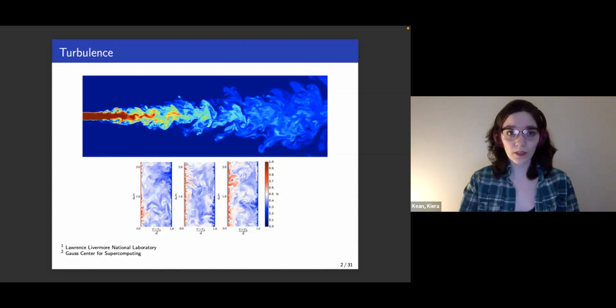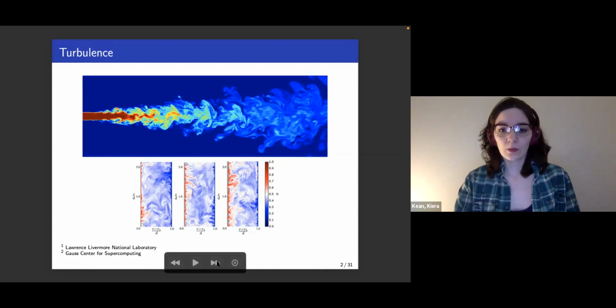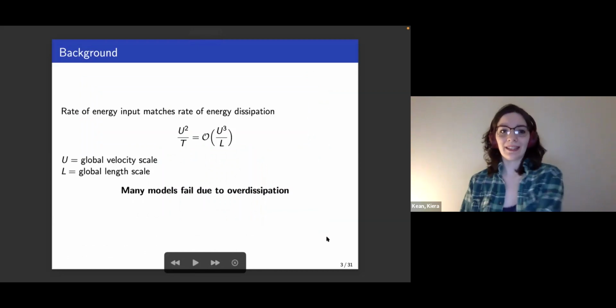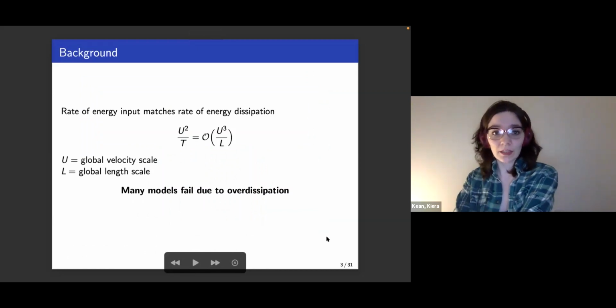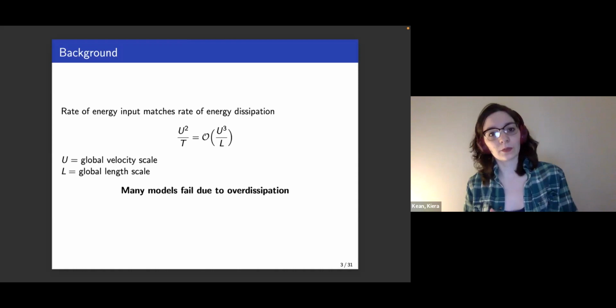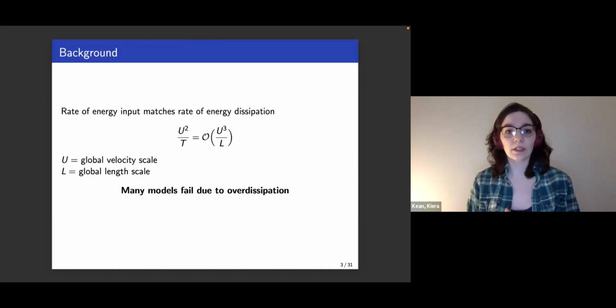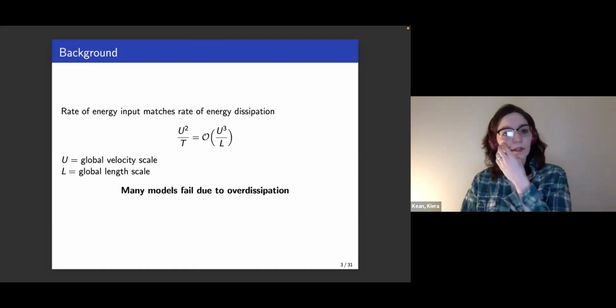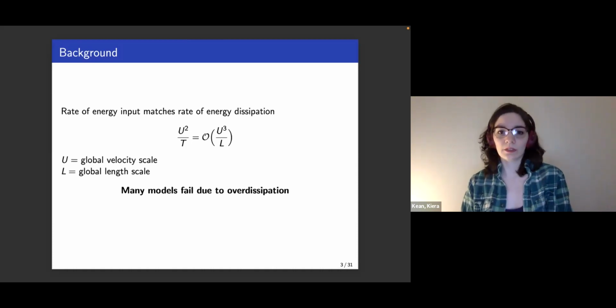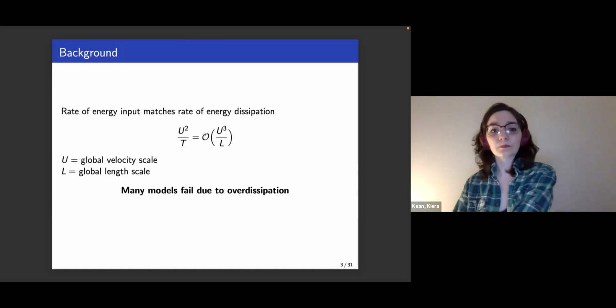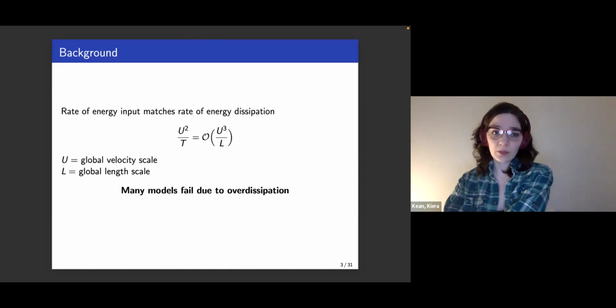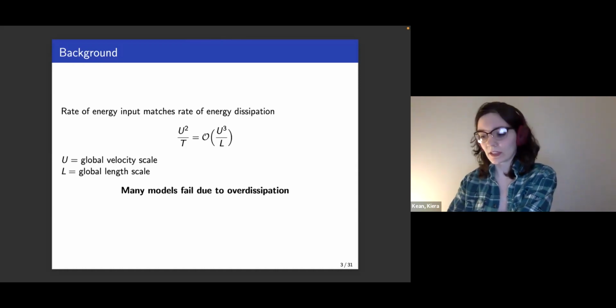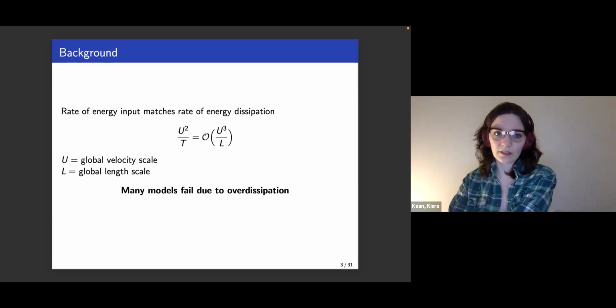So for example, the rate of energy dissipation in the long time average will match the rate of energy input. So energy U squared over time should be equal to U cubed over L, where U is the global velocity scale that we would use to define the Reynolds number.